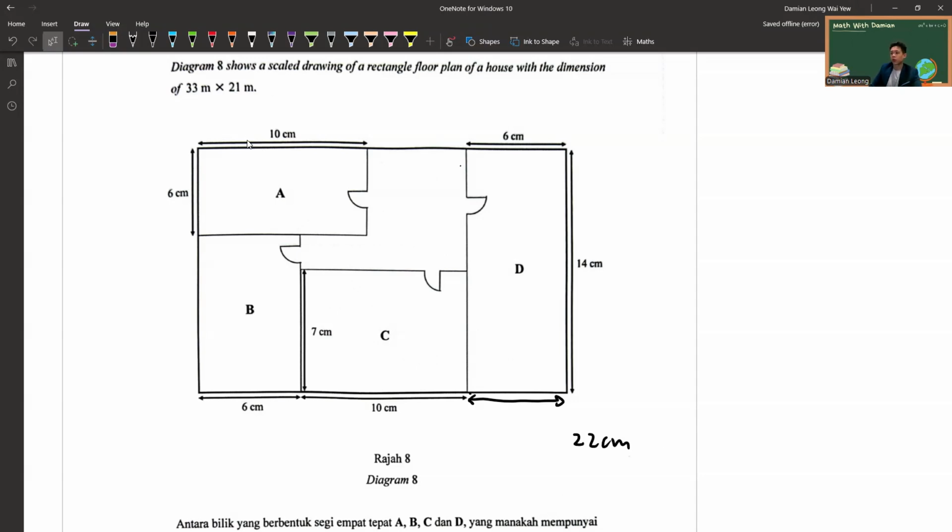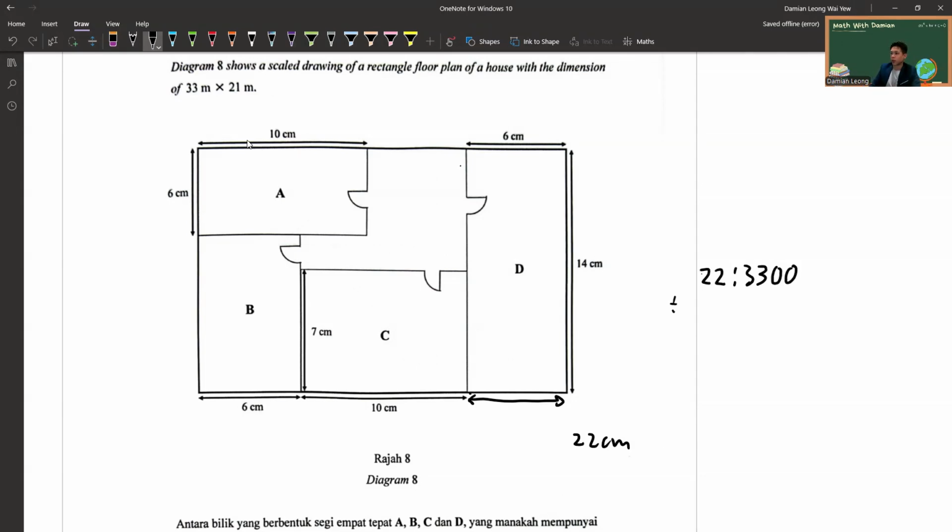Okay. So 22 cm becomes 33 meters. So the scale is 22 to 33 meters, drawing length to actual length. To change to the same unit, I times 100.